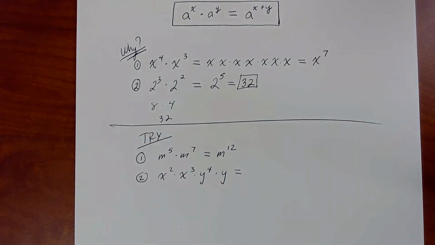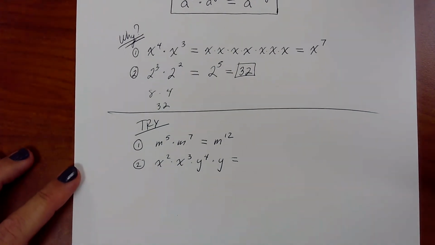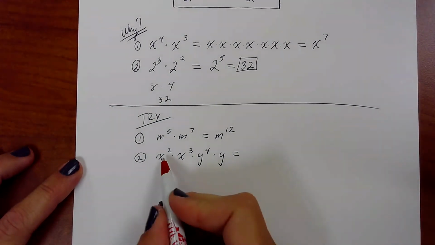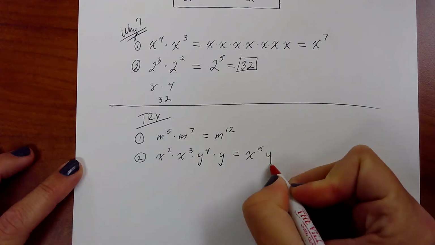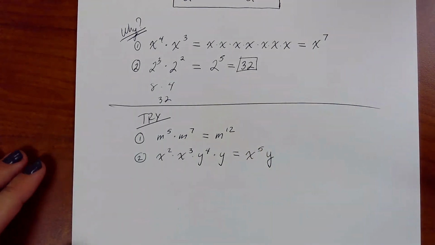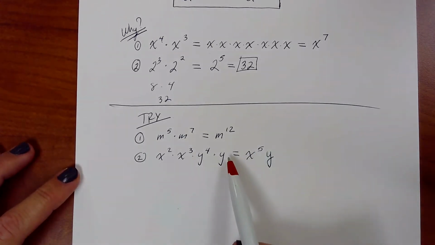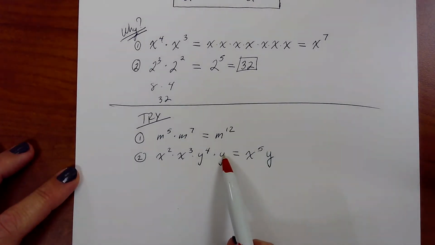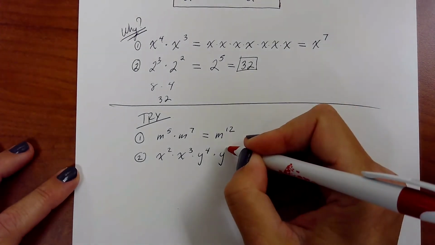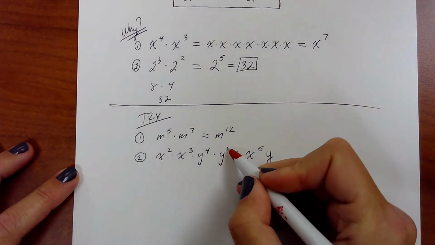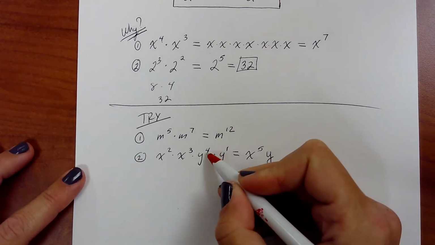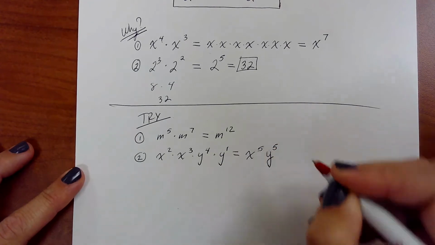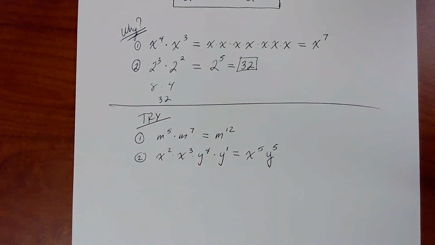Only with the same base can you put this together. So we're going to get x to the fifth. Then we're going to get y. Hold up. What exponent is on this y right here, even though it's not drawn in? It's actually a 1, because y to the first power is just y. 4 plus 1, so this is y to the fifth.